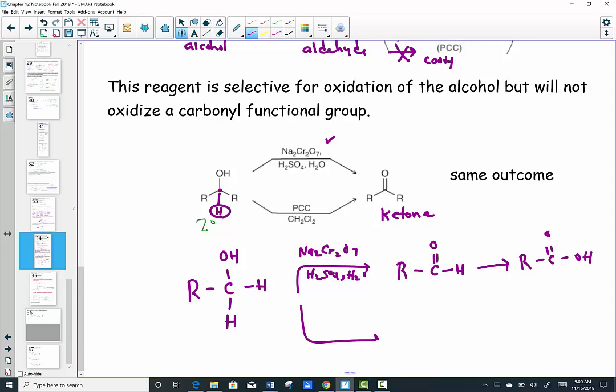We have both steps in oxidation, 2 hydrogens, 2 oxidative steps in a chromium acid.